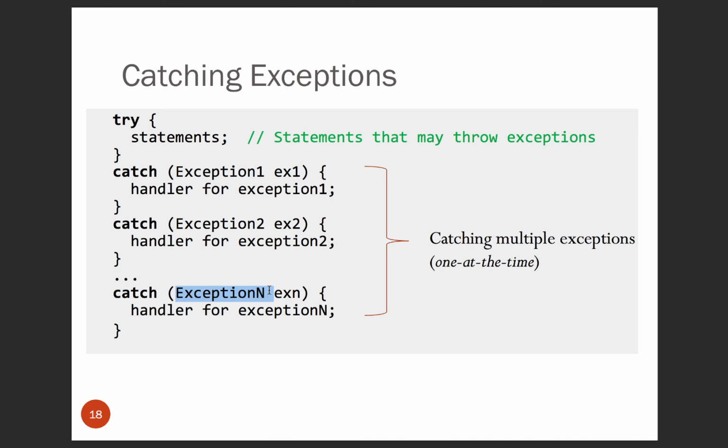So a try can be followed by several catch blocks. A try block keeps an eye on the statements. If it finds any mismatch, any conflict, then it will pass the information to the appropriate catch block.